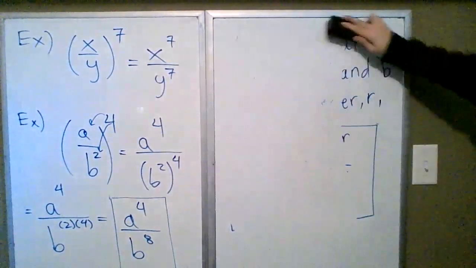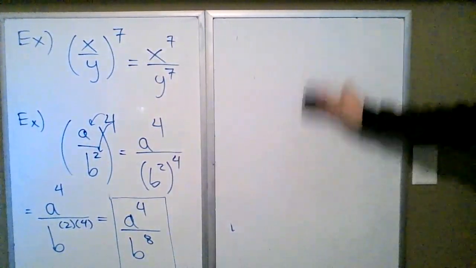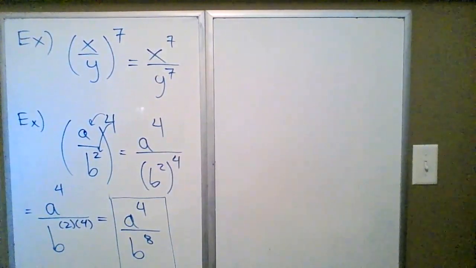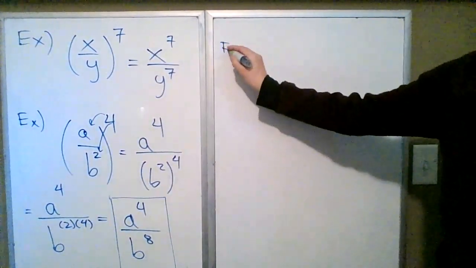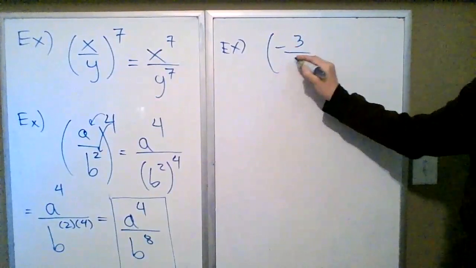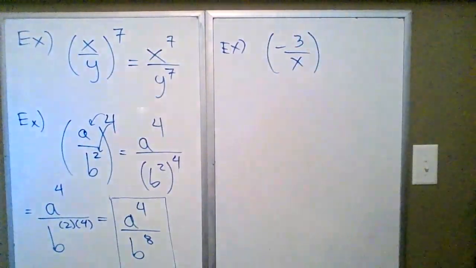Another example, in parentheses is negative 3 over x, and it's a power of 4.